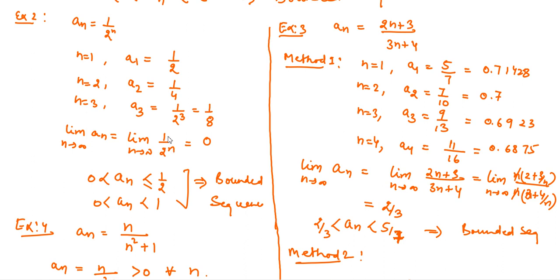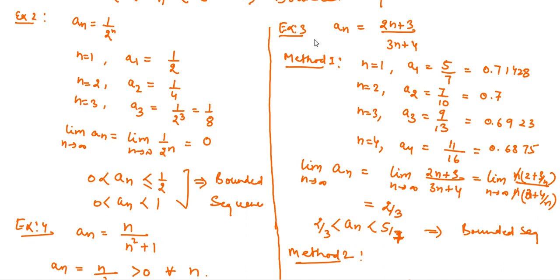So 1 upon infinity is 0. So what it means, the lower bound for this sequence is 0 and the upper bound is 1/2, which is attainable. Okay, or we can say an is between 0 and 1. Lower bound is 0, upper bound 1. So it is a bounded sequence. We can see because both the bounds exist for this particular sequence.